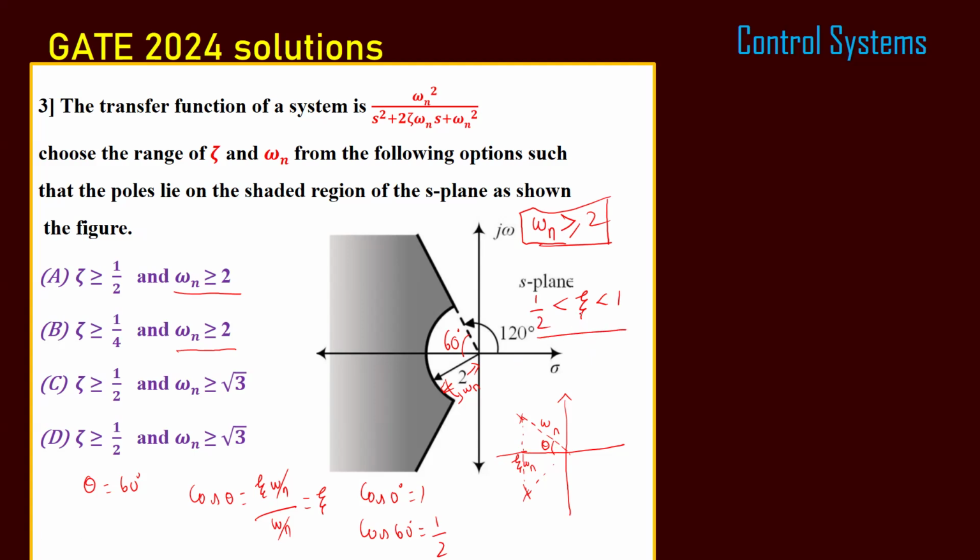So what is the range? 1 by 2 to 1. So here see the options A or B. Is it A or B? A should be the correct one. Okay. So we can conclude with the A. Zeta greater than or equal to 1 by 2. Okay. So thus we can find out the range for zeta and omega n.